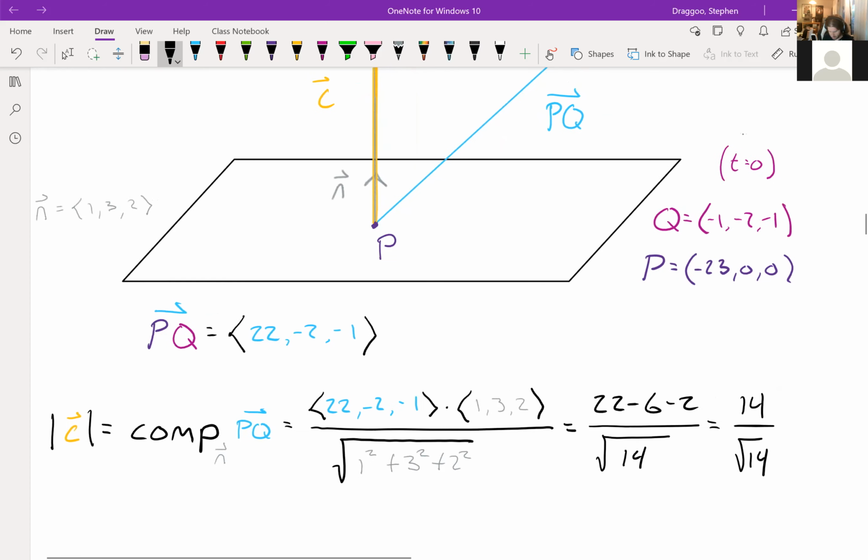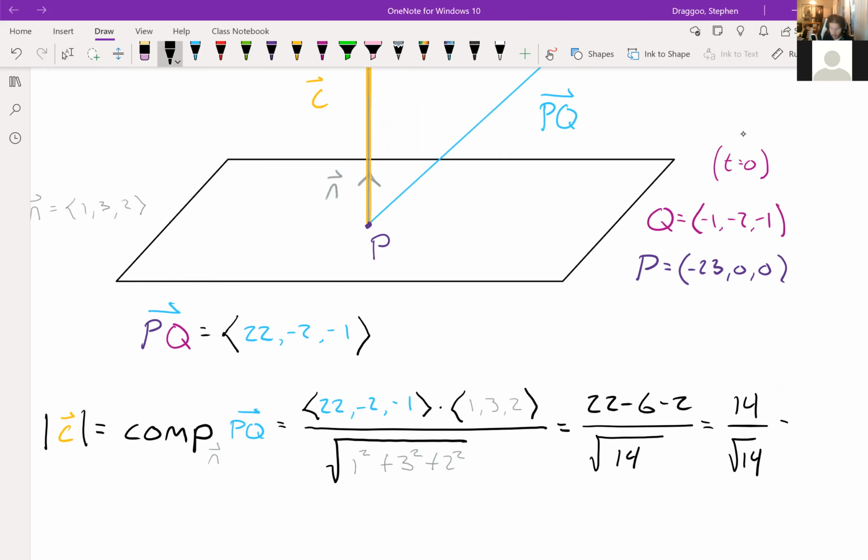I'm not always very good with numbers, so shout me out in the comments if I ever get a number wrong. But yeah, this looks like square root of 14, if I simplified that. That last step is optional. I don't think you need to simplify 14 over root 14, but I'm going to because I know how, I guess.